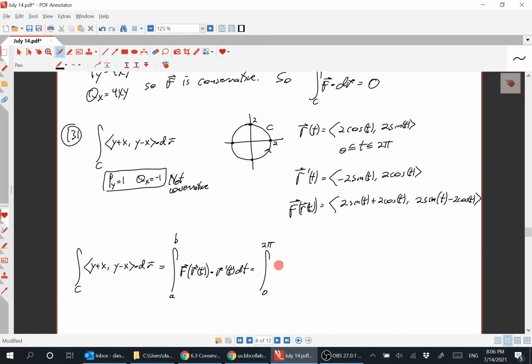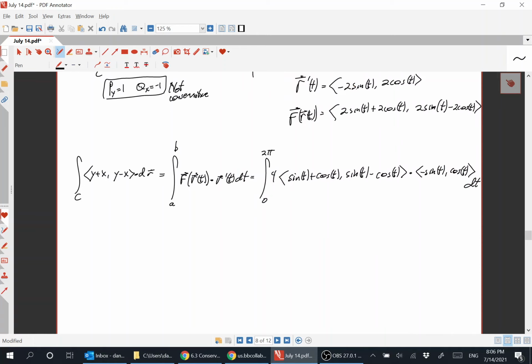So F of r of t is that. I'm going to factor the 2 out. So this is sine t plus cosine t, sine t minus cosine t, dot. I'm going to bring the 2 out of that, so I guess it's a 4. Minus sine t, comma, cosine t dt. So what we get here for this dot product: minus sine times that, so minus sine squared t plus cosine t sine t, minus cosine t sine t.